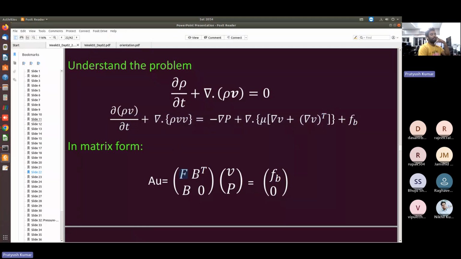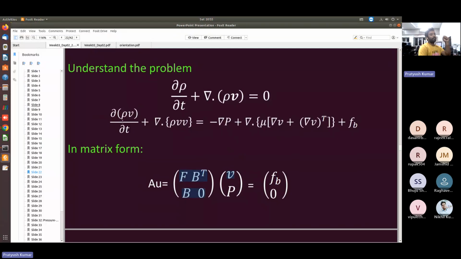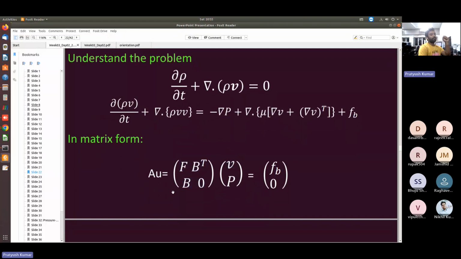Okay, so if you discretize these different terms and form a matrix, then F is one matrix, B transpose is another matrix, and if you multiply these two terms with U and P, where U, V and P are the unknowns, then we are going to get the second equation, that is the momentum equation.